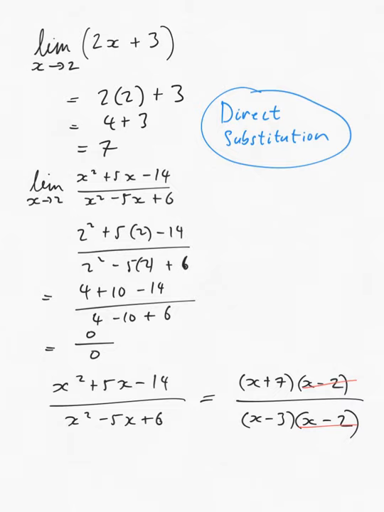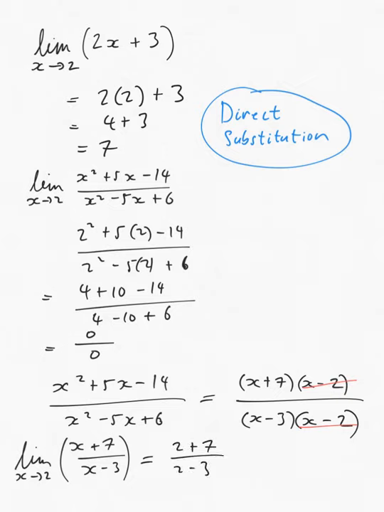So now I've simplified my limit, since I know that if I leave out x is equal to 2, now I just need to find the limit of x plus 7 divided by x minus 3 as x approaches 2. And this one I can do by substitution. So that's equal to 2 plus 7 divided by 2 minus 3, is equal to 9 divided by minus 1, is equal to minus 9.